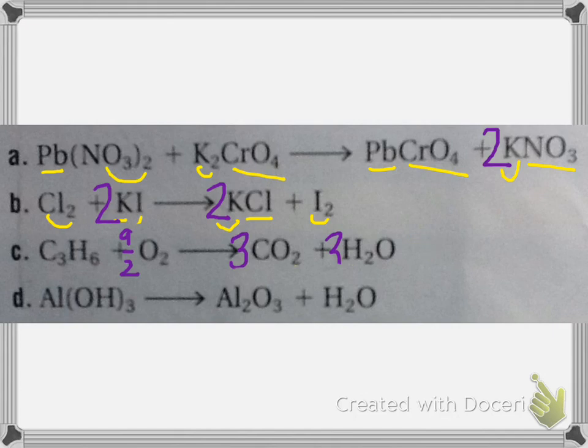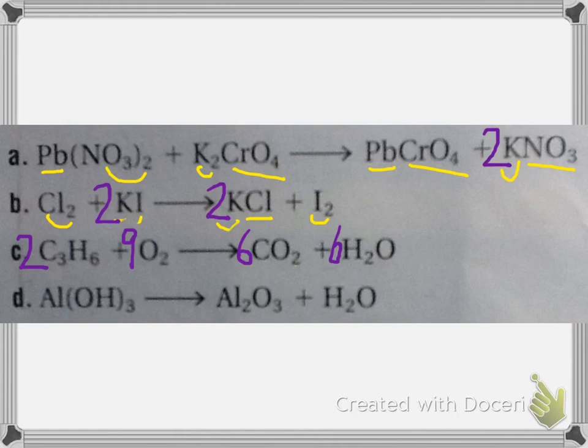double my coefficients. So I didn't have a coefficient in front, so now it becomes a 2. 9 over 2 is going to become 9. 3 is going to become 6. And 3 is going to become 6.